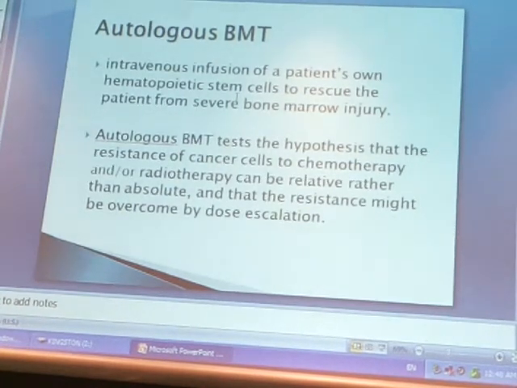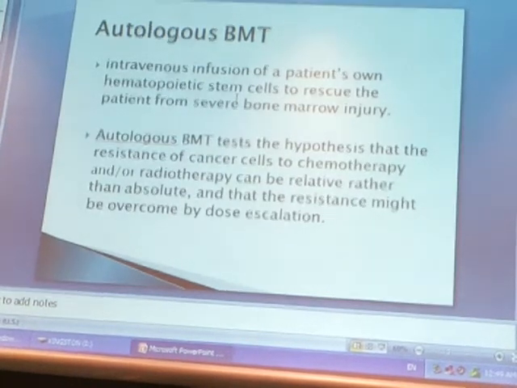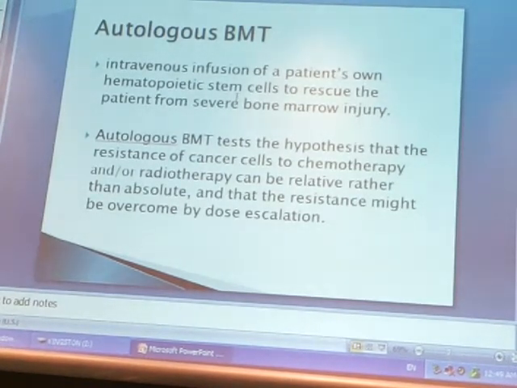It's a little bit different from allogeneic, and the idea of giving the high dose of chemotherapy and radiotherapy for lymphomas is to overcome the resistance of malignant cells to the regular dose of chemotherapy. We treat Hodgkin lymphoma and non-Hodgkin lymphomas with chemotherapy plus or minus radiotherapy. And in some cases, some patients are resistant to this regular dose of chemotherapy or radiotherapy.